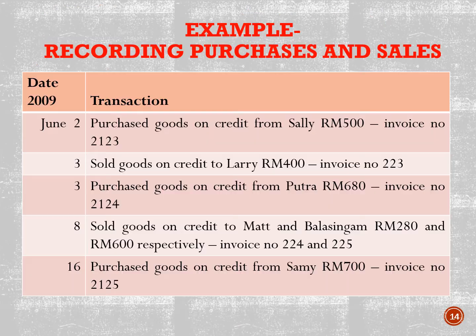Okay, next. This is the example. Record purchase and sale. How to record purchase and sale? Okay, so first, purchase goods on credit. Tengok. So ayat dia kat sini goods. So bila goods on credit, so dah tentu-tentu dia masuk dalam account purchase.